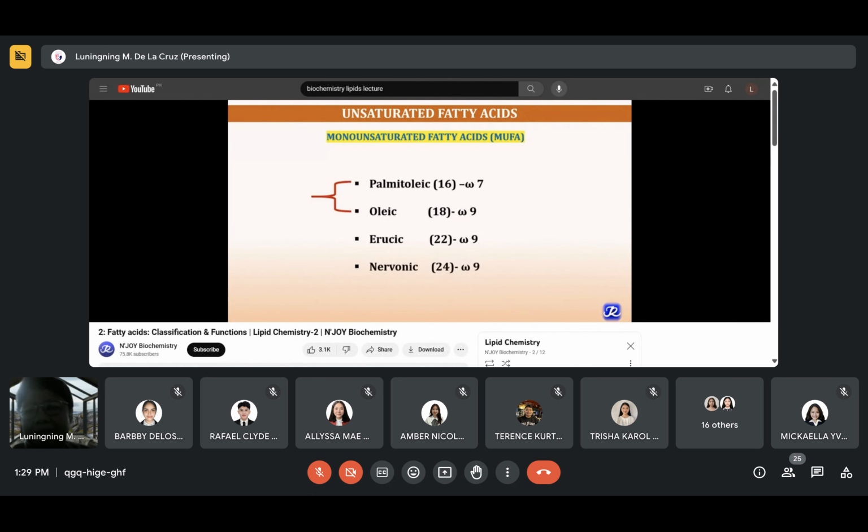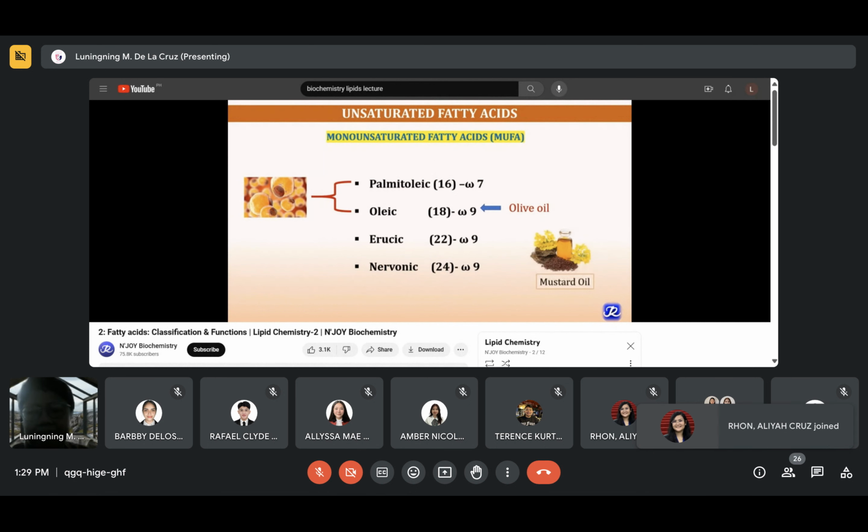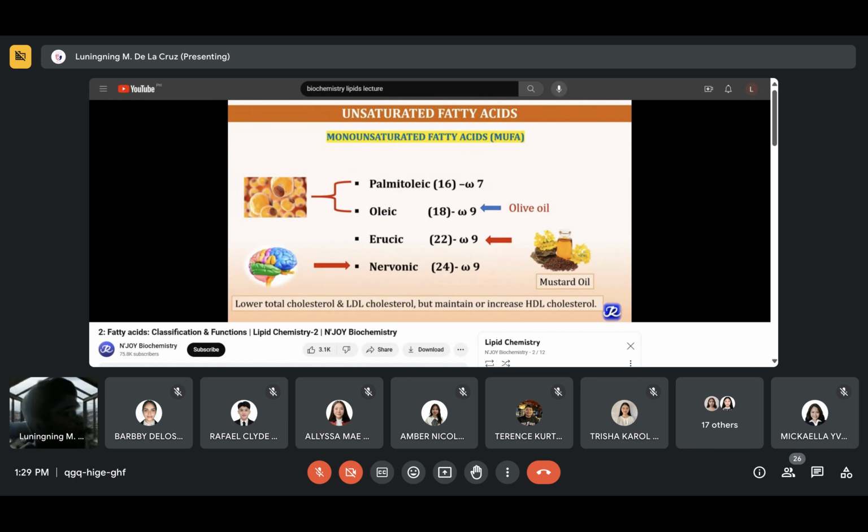Palmitoleic and oleic acids are present in adipocytes. Olive oil is a rich source of oleic acid. Mustard oil is a source of erucic acid, and nervonic acid is present in brain. MUFA lower total cholesterol level and LDL cholesterol level, but it maintains or increases HDL cholesterol.